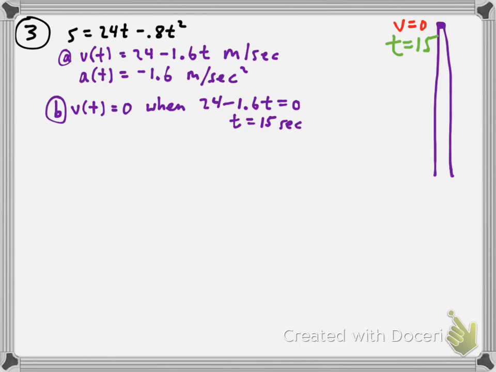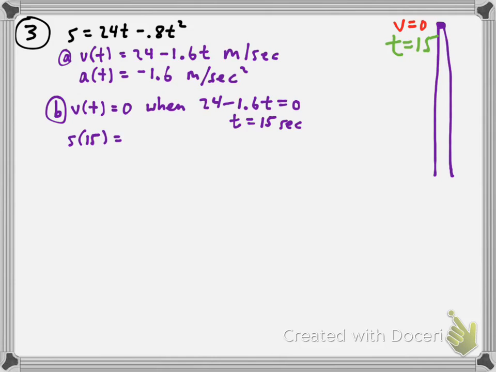For part B, it's asking us, how high did it go? Well, the height depends on t. The t depends on the velocity being 0, and so now that we have t equaling 15, we can just replace t with 15 in the position equation, because the position at time 15 will tell us how high it is.